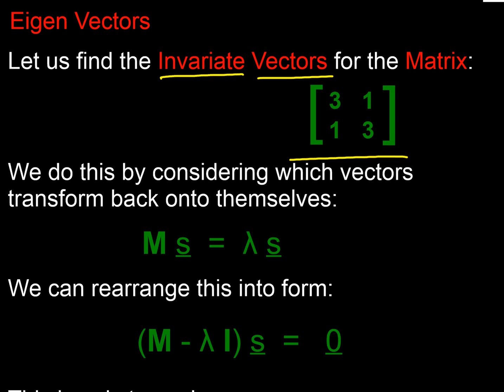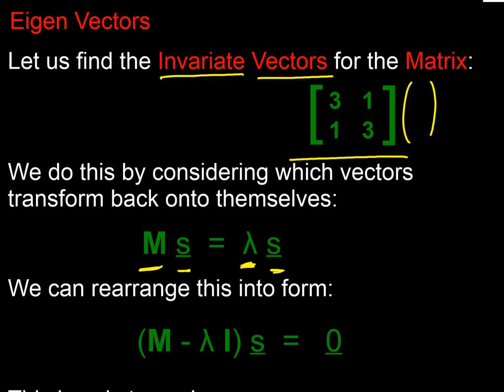Those are vectors that if I put this vector in and multiply it by that matrix, I get some multiple of that vector. So if I wrote that in mathematical terms, I take my vector, call it S, and I multiply it by this matrix here, and I end up with S times some scalar multiple.